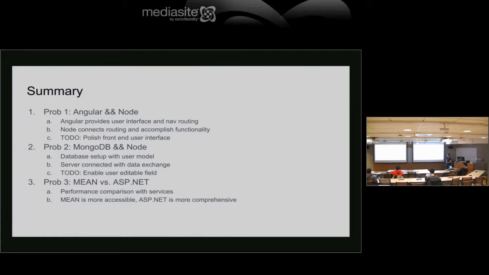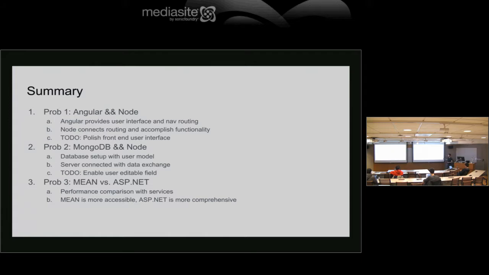And MongoDB and Node is basically the server interacting with the database. The database is set up with the user model for now. Later on, I want to add a user editable field. That's the to-do list. And the server connecting exchanges data and information such as sign up, login, and logout.